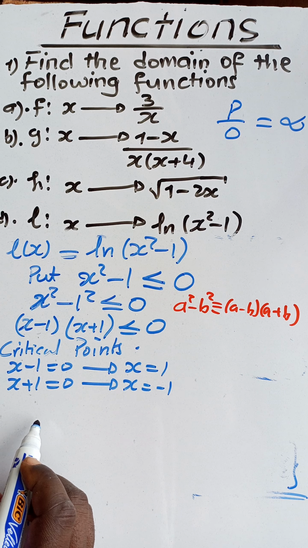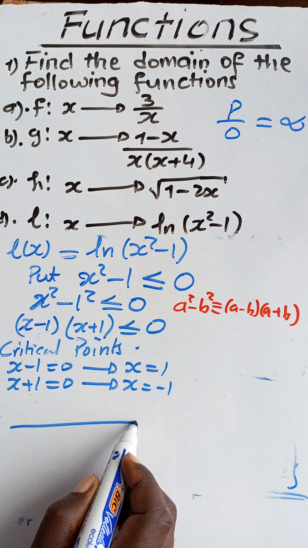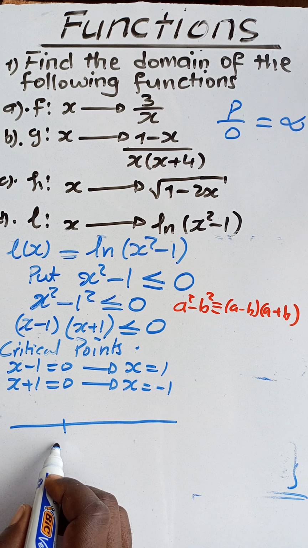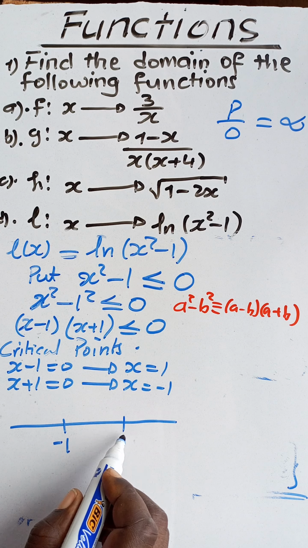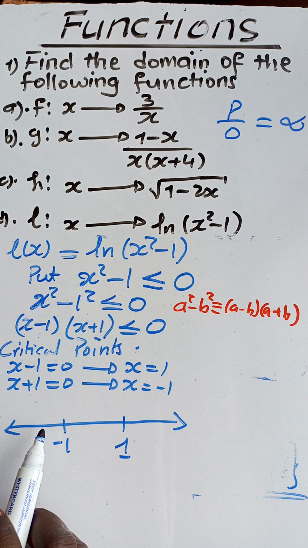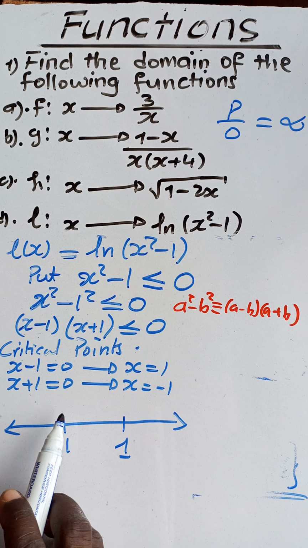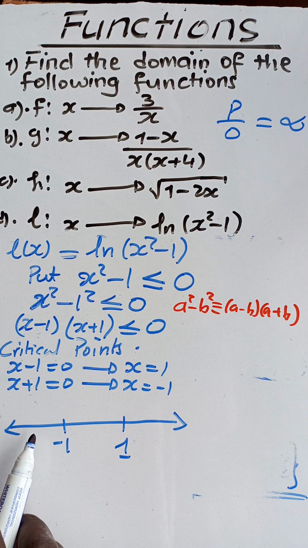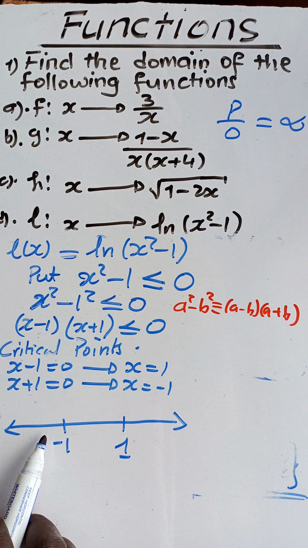Now we go on the number line and we place those values. We have negative 1 and we have positive 1. Now we're going to test three zones. So we take a value in this zone. A good value in this zone could be negative 2.